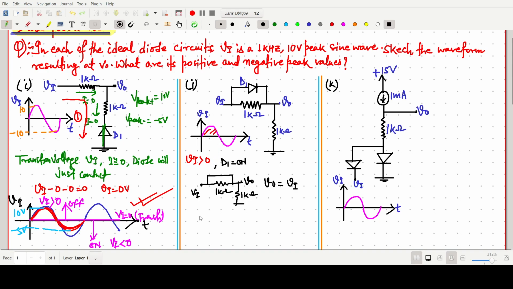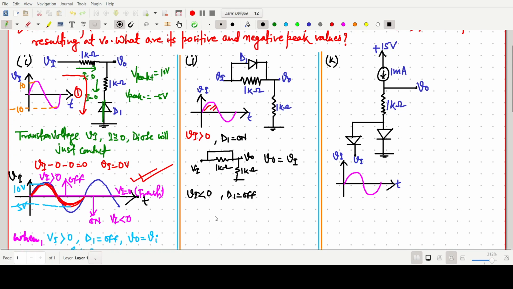Now when Vi is less than 0, for the negative half, D1 will be in the off state. So when D1 is off, the circuit will be like this. Diode will be open circuited, and this will be 1 kilo, 1 kilo.